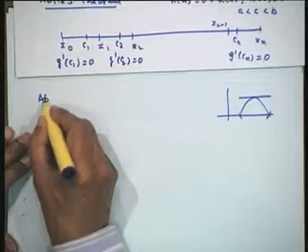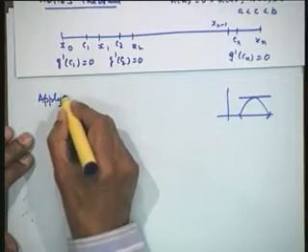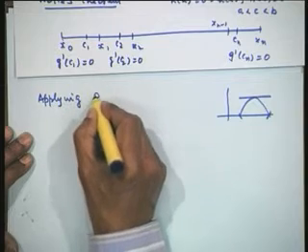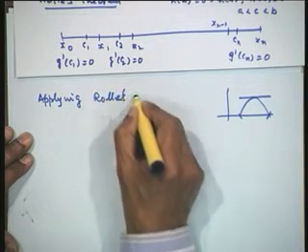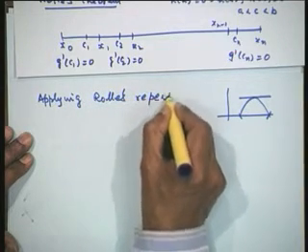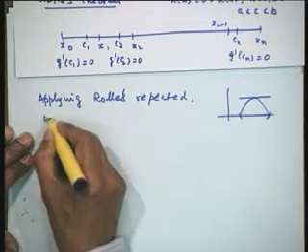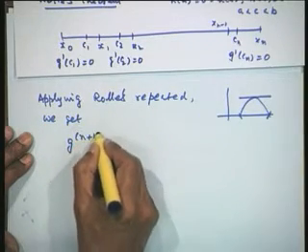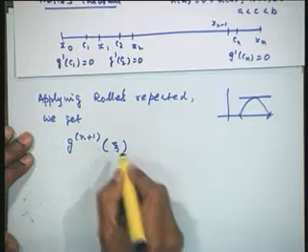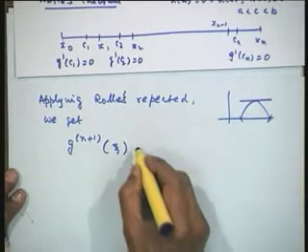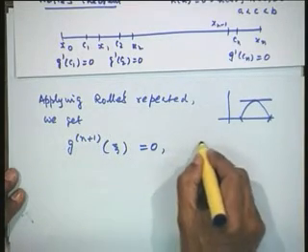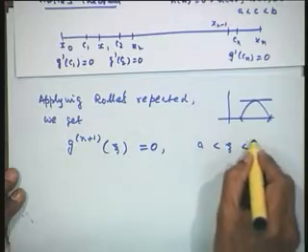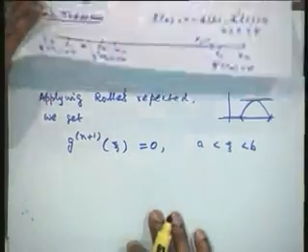So applying Rolle's theorem repeatedly, we get the n plus 1th derivative at an arbitrary point xi in the interval equal to 0, where xi is a point between a and b.